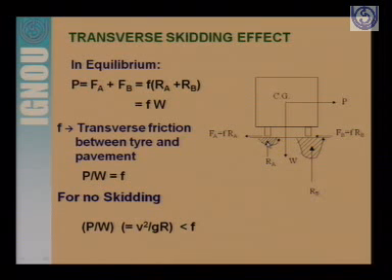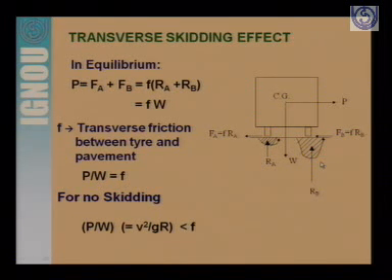As you know from mechanics or physics, if a vehicle is moving, it applies some load through wheels on the road, and there is a reaction from the road, shown here as RA and RB.